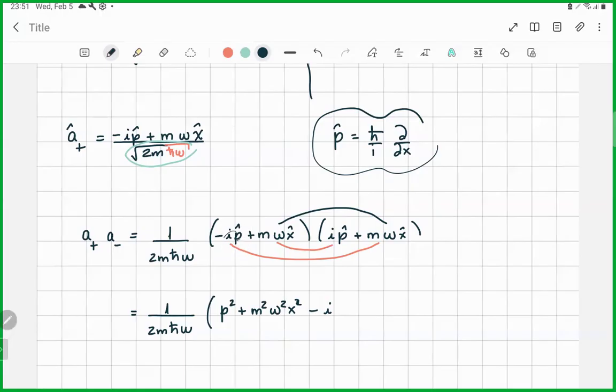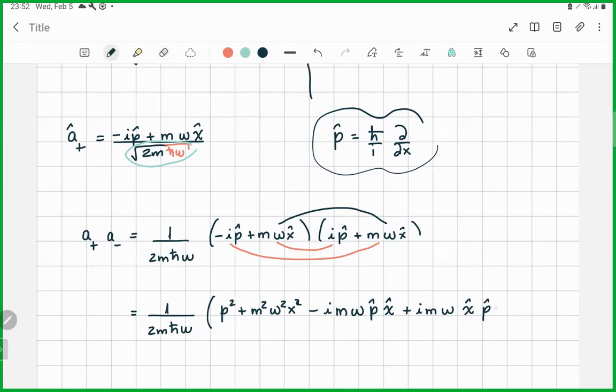Oh, then everything is constant, I'll put in front. So minus i m omega, fine. And then we have p with x. Let's see the next term now. This term here. So again, we have plus i m omega, and I'm looking at this one. So x with p.